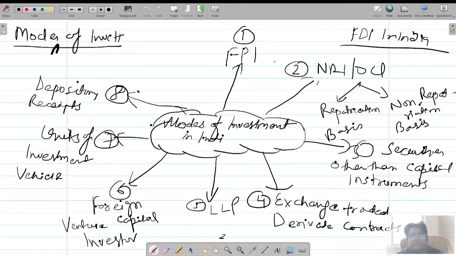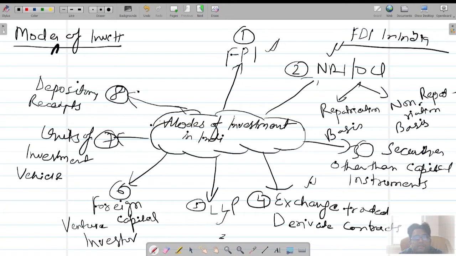We'll start with the foreign portfolio investor, and another one is NRI or OCI, and the third is investment in securities other than capital instruments, and the fourth is exchange traded derivative contracts, that is, who can invest in derivative contracts.